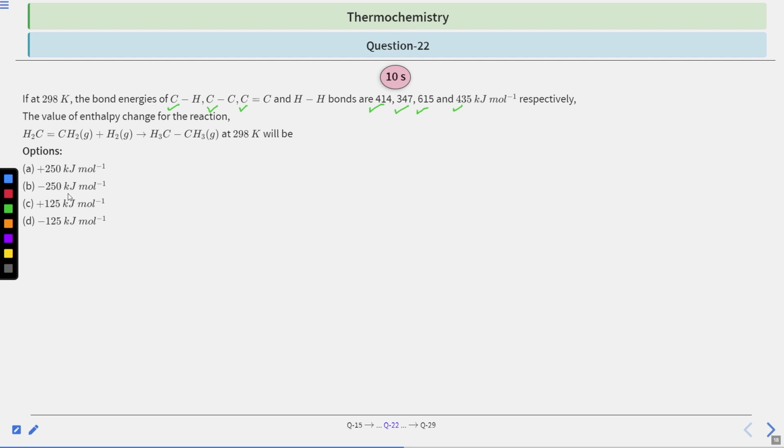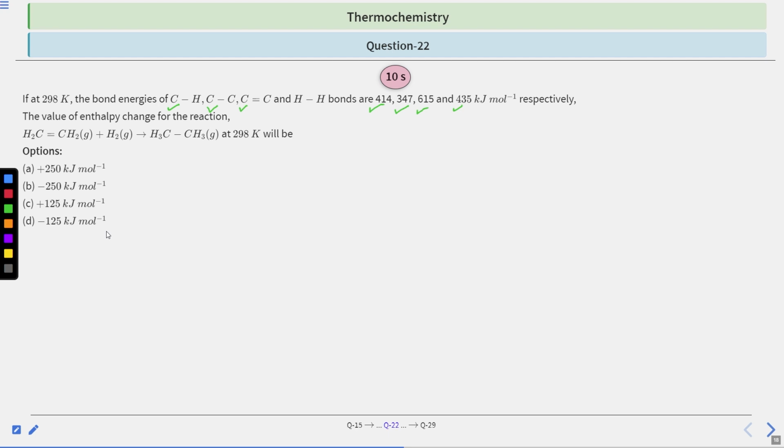So options are plus 250 kilojoule per mole, minus 250 kilojoule per mole, plus 125 kilojoule per mole, minus 125 kilojoule per mole. So you have 10 seconds to solve this question.